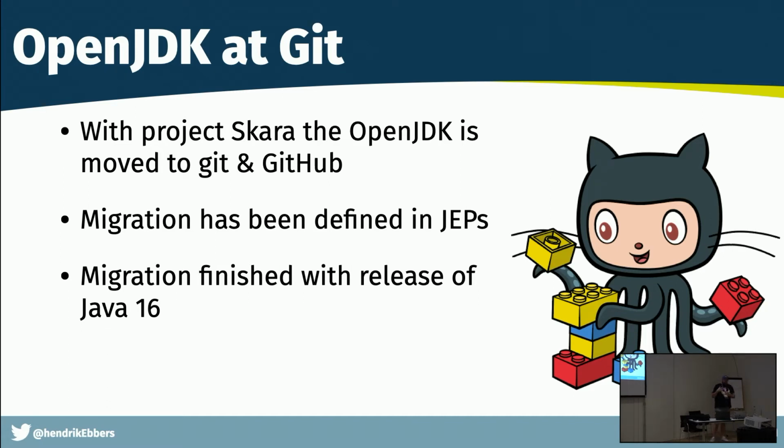And that makes it much easier to contribute to the OpenJDK, because whenever you contributed to an open source project at GitHub and created your pull request, in theory it's absolutely the same when doing something for the OpenJDK. Maybe the code is a little bit more complex, but even in the OpenJDK, there are low-hanging fruits where you can start.